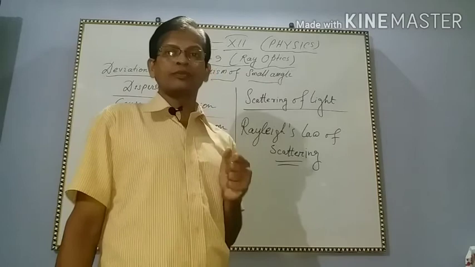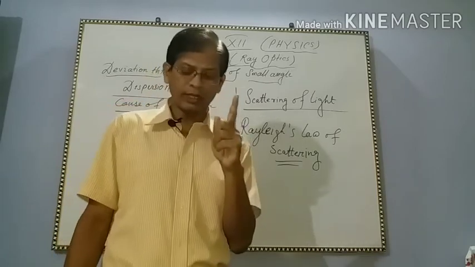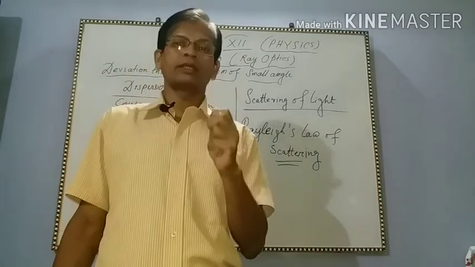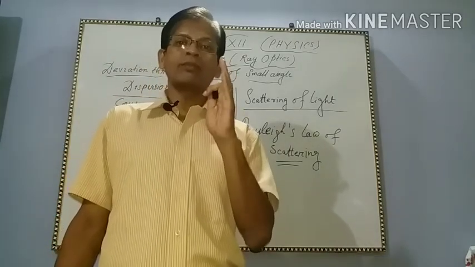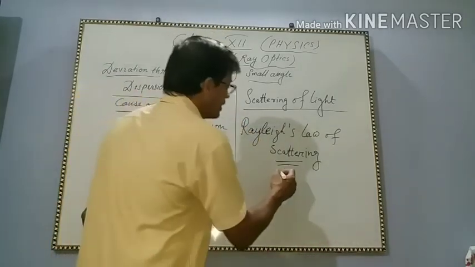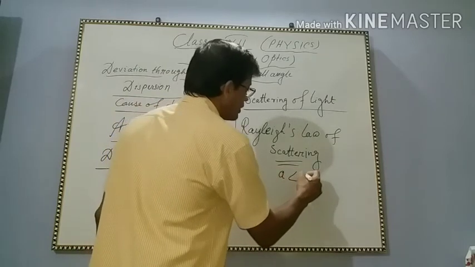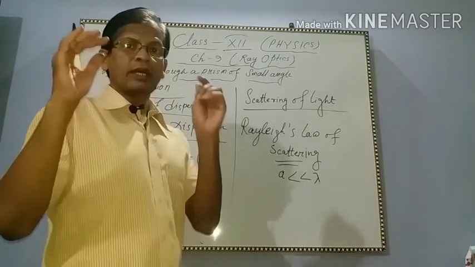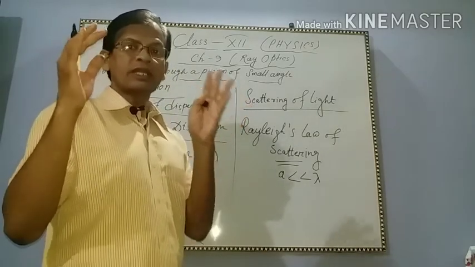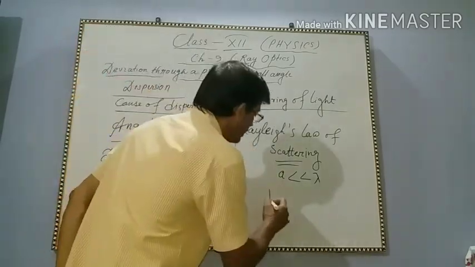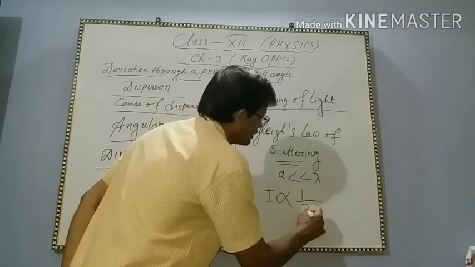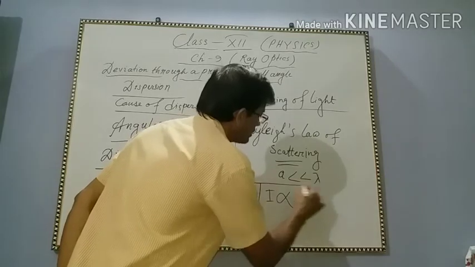According to this law, if the size of the particle is very much less than the wavelength of light, then the intensity of the scattered light will be inversely proportional to the fourth power of wavelength. This is Rayleigh's law of scattering.